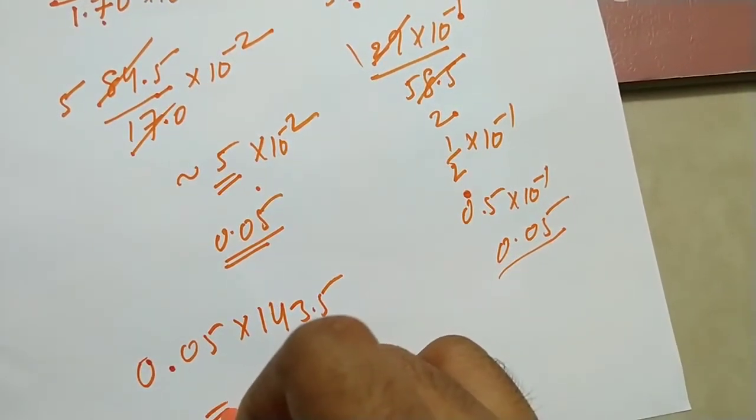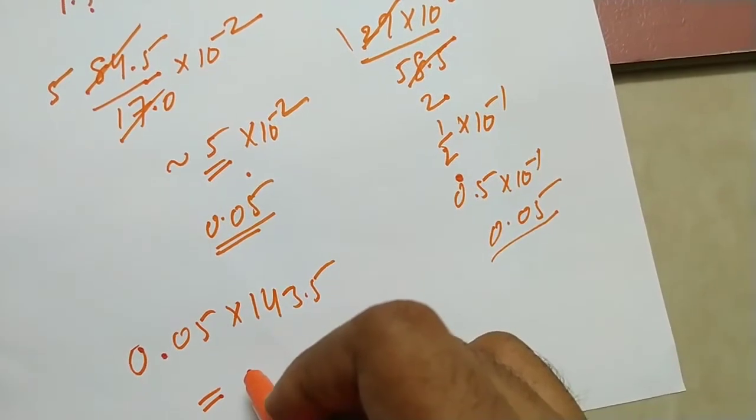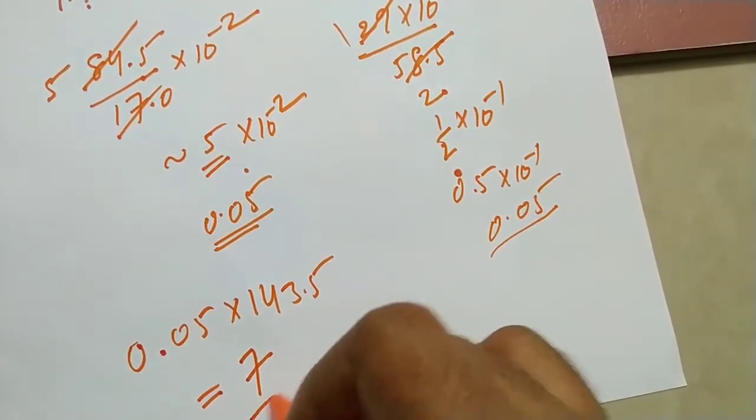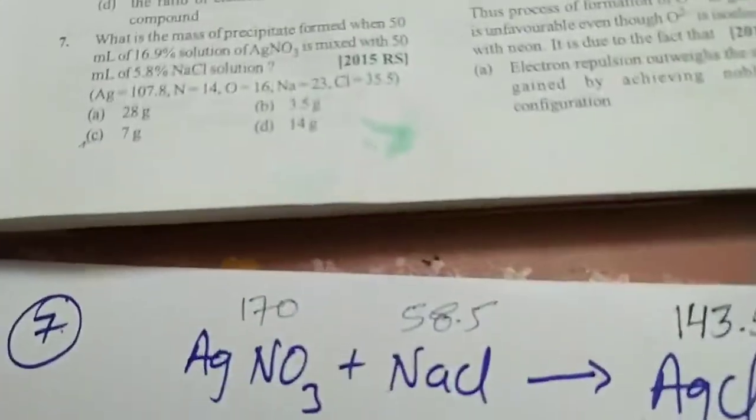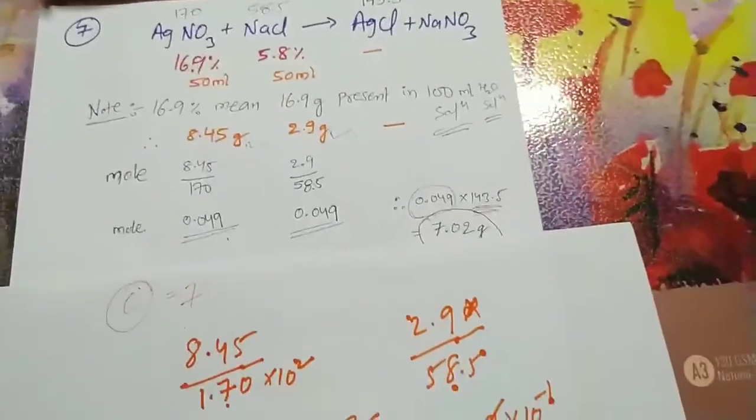What is this 143.5? That is AgCl. So approximately you will get 7. So again 7 related, the nearest answer is there, so easily we can guess that answer.